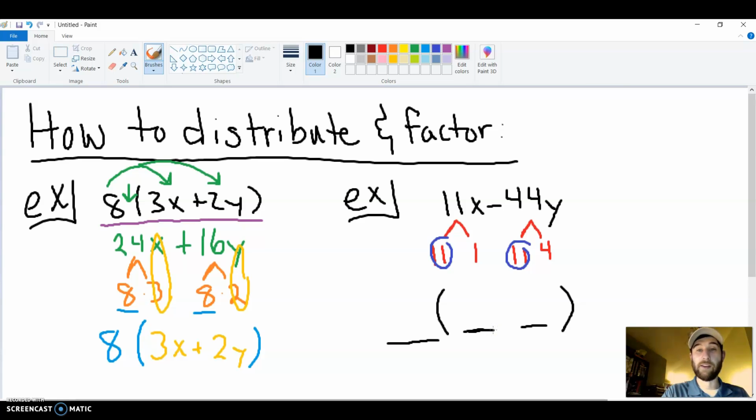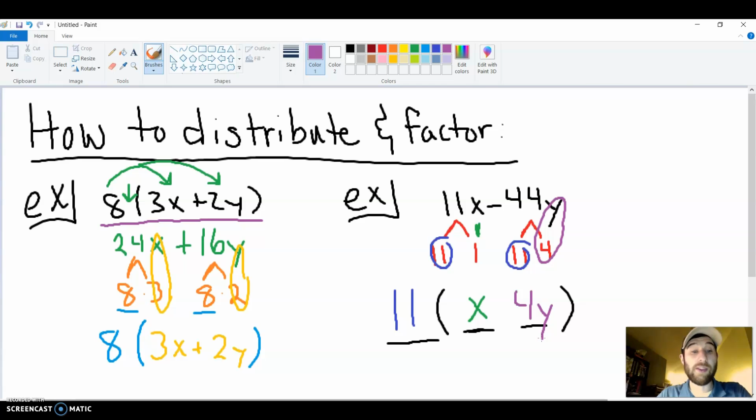So that 11 is the number that's going to be written out in front. That number that's shared is the number written outside of the parentheses. What's written inside of the parentheses is everything left over. In this case, it's the 1 times the x, which is just x. And then it's going to be the 4 times the y, 4y.